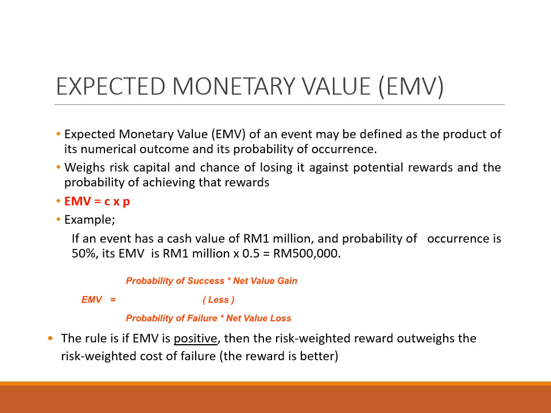Okay, so this is what it means by EMV equals to the probability of that success times the net value of that gain minus the probability of failure times the net value of the losses. And the rule is if the EMV is positive, then the risk-weighted reward outweighs the risk-weighted cost of failure. In other words, the rewards is higher than the cost of the failure.